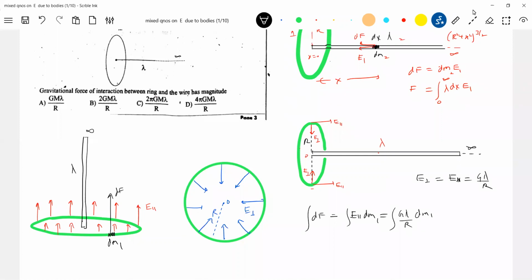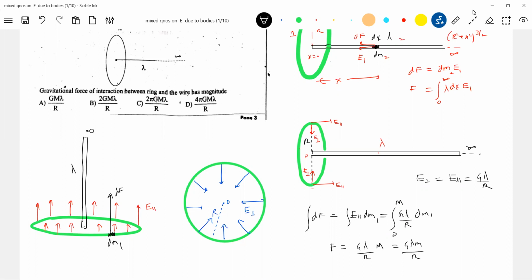It is equal to m. Is this okay, the formula for E parallel and E perpendicular? If you don't know this, then gone. Nobody can help you.